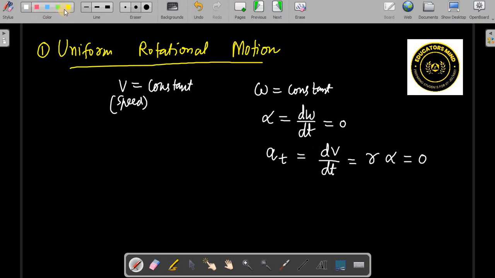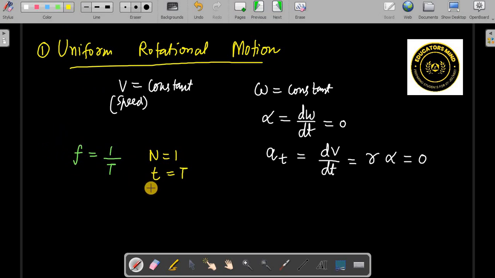And also we can note that we can define a time period for that, or frequency. Frequency will be 1 by time period. If there is 1 revolution, the time taken is called time period.